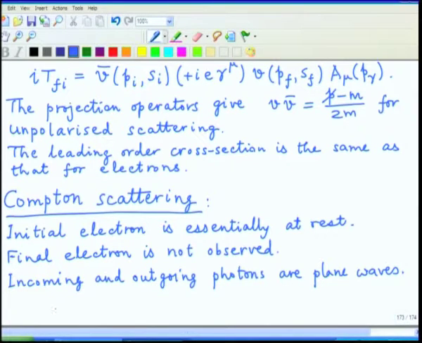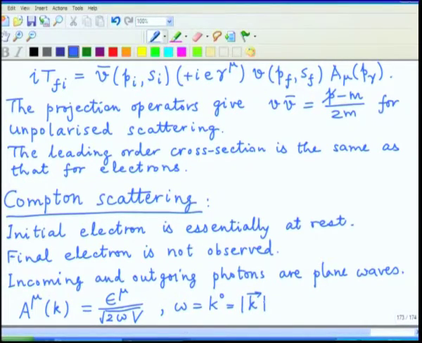and we want to now calculate various things in this particular normalization. And so, we can write down various rules that the photon wave function in the momentum space is just given by the polarization and the box normalization in a volume V. Omega is the energy of the photon. So, it is k 0, it is equal to the magnitude of k, and the polarizations are physical.